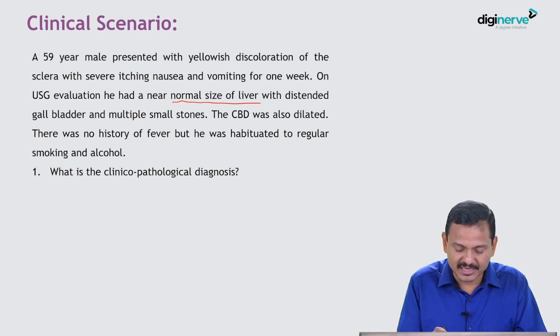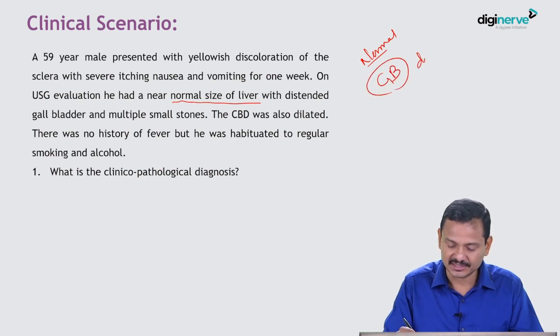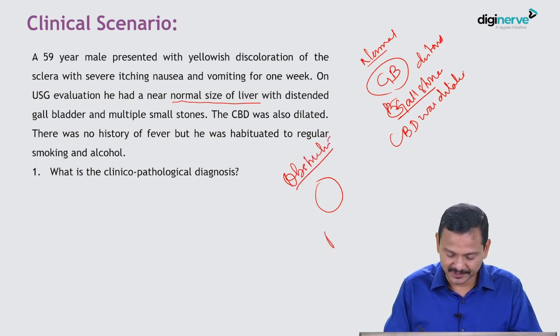Now his liver size was normal, but his gallbladder was distended, okay, and showed multiple gallstones. So multiple stones were there and CBD was dilated. What does that tell you? That there is an obstruction somewhere happening in the biliary tract, or you can say obstruction in the pancreatico-biliary channel.